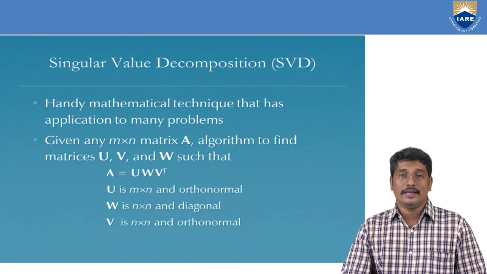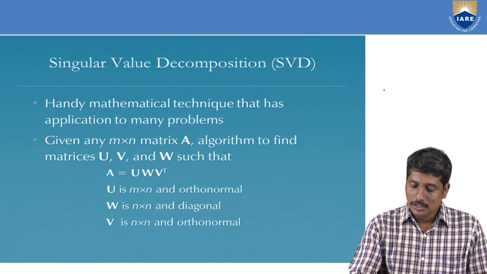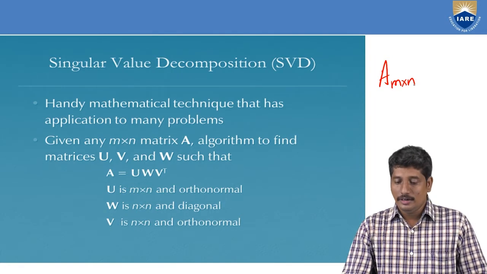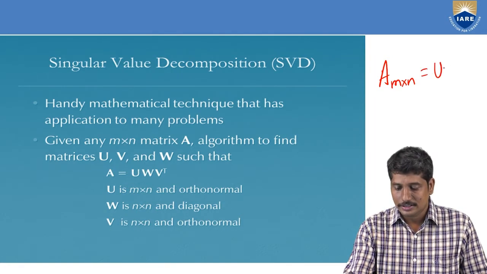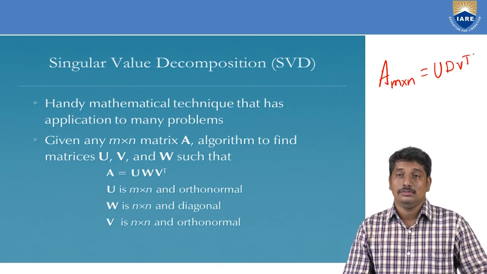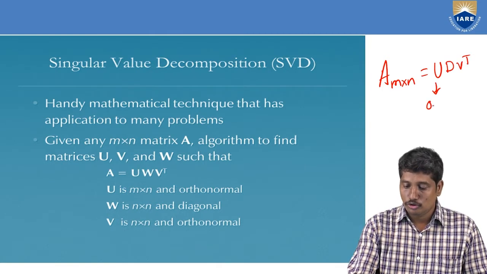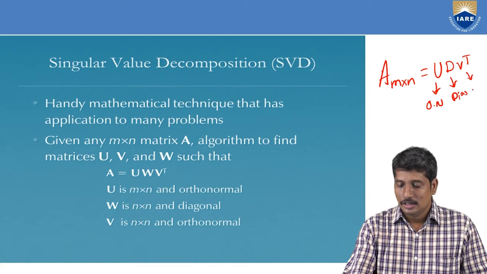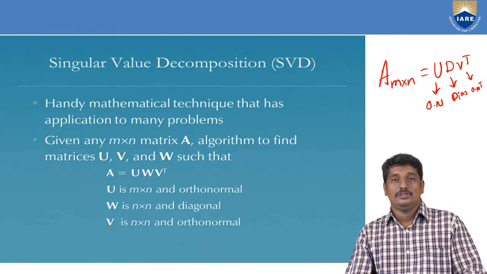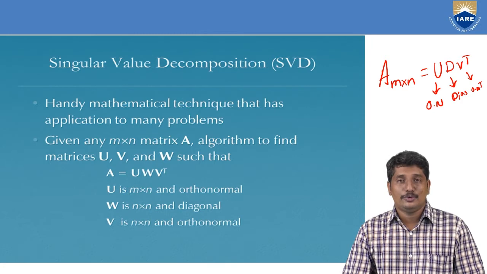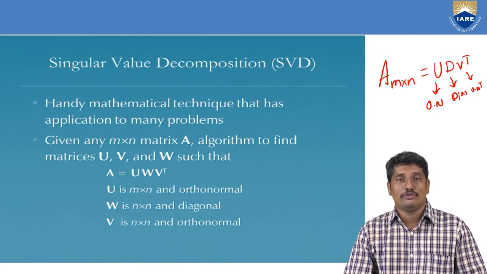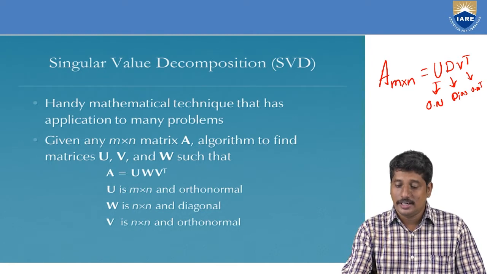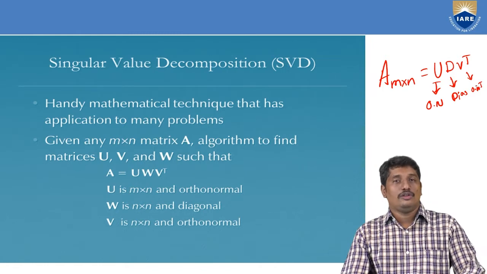So here let us recap what is a singular value decomposition. When we are given a matrix A, m by n, we can decompose it into the product of 3 matrices U, D, V transpose, where U is an orthonormal matrix, D is a diagonal matrix, and V transpose is the transpose of an orthonormal matrix.